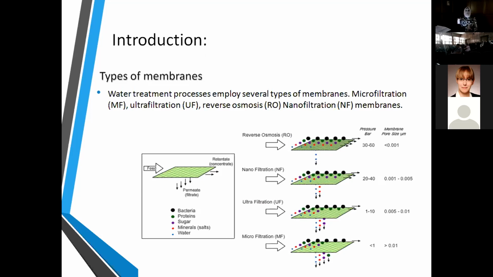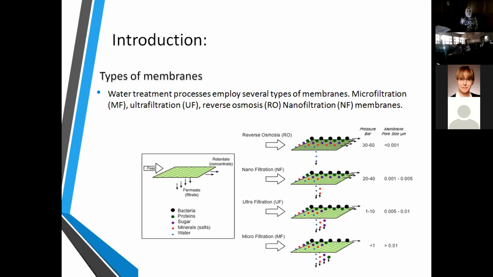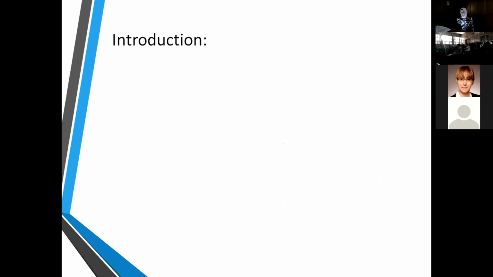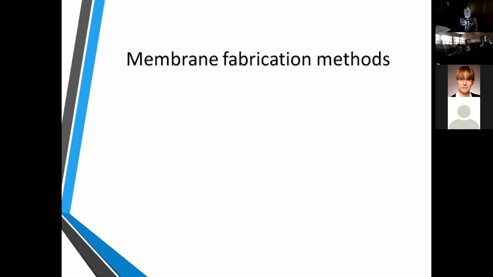Ultrafiltration ranges from 0.1 to 0.05 micrometer. Nanofiltration is from 0.005 to 0.001 micrometer, and the last one, reverse osmosis, is less than 0.001 micrometer. These membranes allow some particles to pass and prevent others.